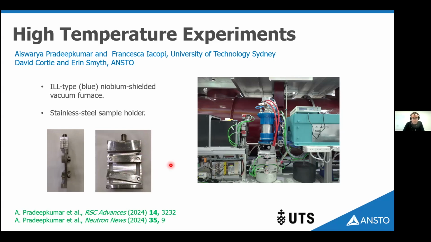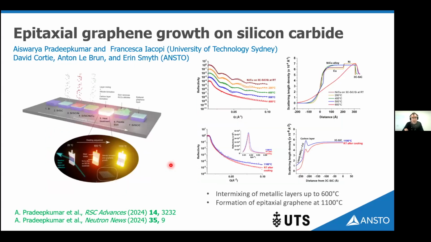But some of the experiments we want to do, which have been in conjunction with the University of Technology in Sydney, with Ashware, who's a postdoc, and her supervisor Francesca, is they're interested in looking at forming epitaxial graphene layers from silicon carbide, and they do this. They have this process, which you can see in the graphical abstract.